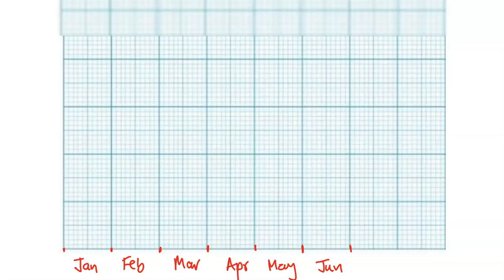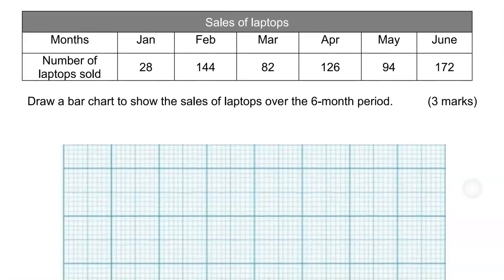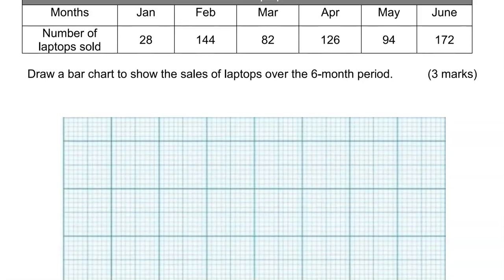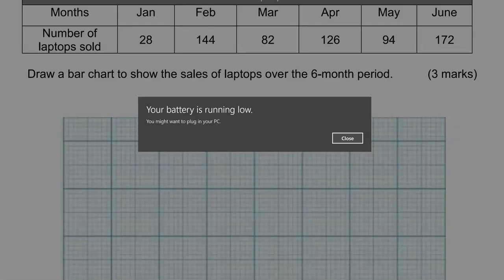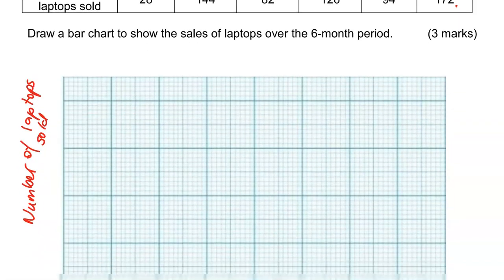So it's the months, and vertically we're going to represent number of laptops sold, which go up to 172. That's the highest. So number of laptops sold, and we'll start with 0.